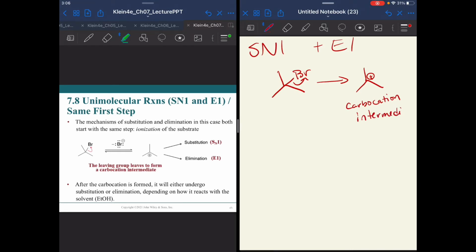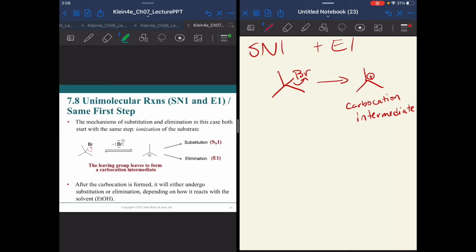So this is a little bit different than a transition state. It's got a charge, so of course it's going to be less stable than the starting material or the neutral products, but the bonds are not in the middle of breaking and forming, so it is more stable than a transition state.